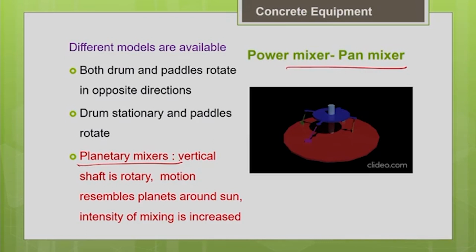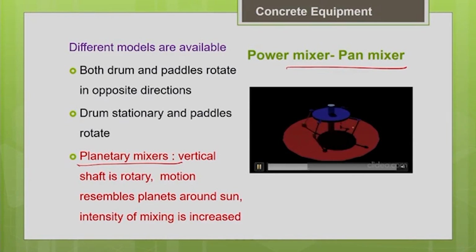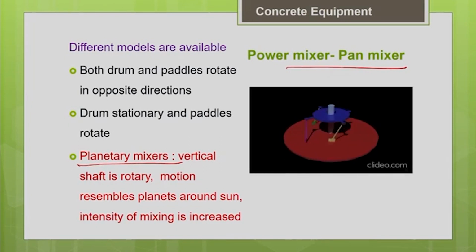It is called a planetary mixer because it resembles the motion of planets around the sun. Your paddles will be rotating about their axis, and you can see the paddles rotating about their axis around the axis of the pan. Just like the planets rotate about their own axis and revolve around the axis of the sun, these paddles also rotate about their axis and around the axis of the pan.